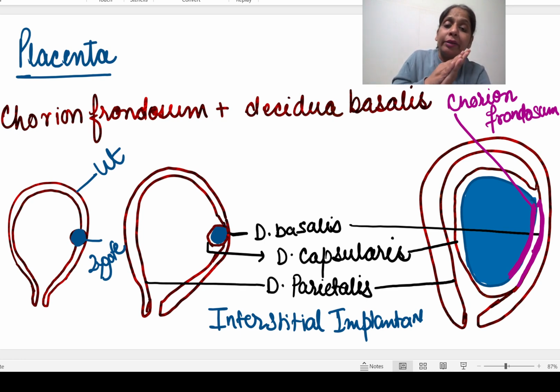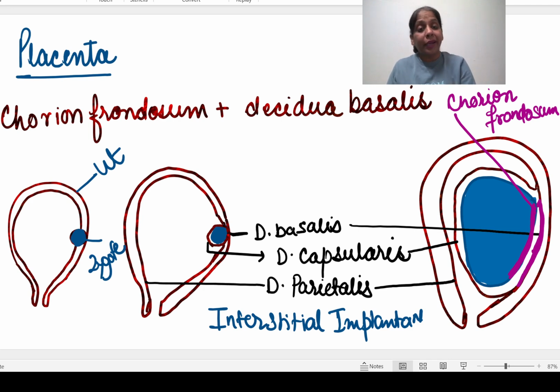The endometrium which is below is known as decidua basalis. This is the morula. The endometrium just below it is the decidua basalis, and the endometrium which is above the morula is decidua capsularis.